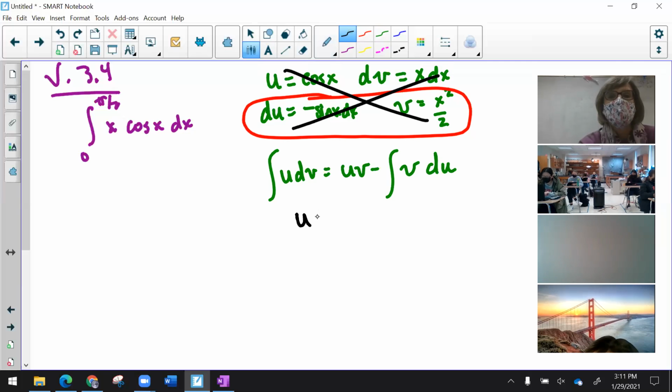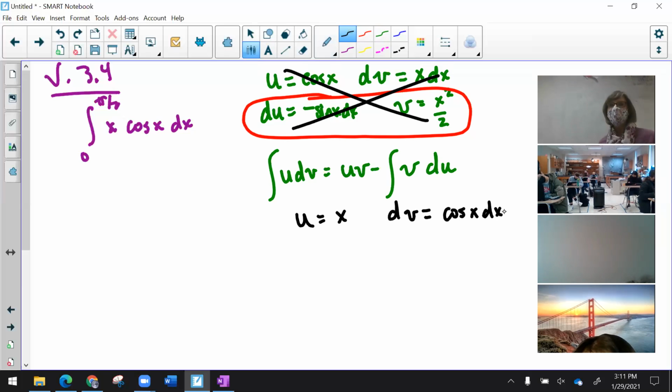Let's try again. In general, not always, but in general, a good choice for you is the polynomial. That's because if you take the derivative of a polynomial enough, eventually you will end up with a constant.